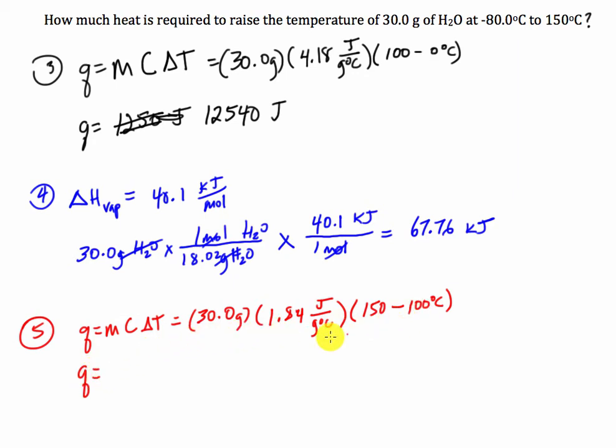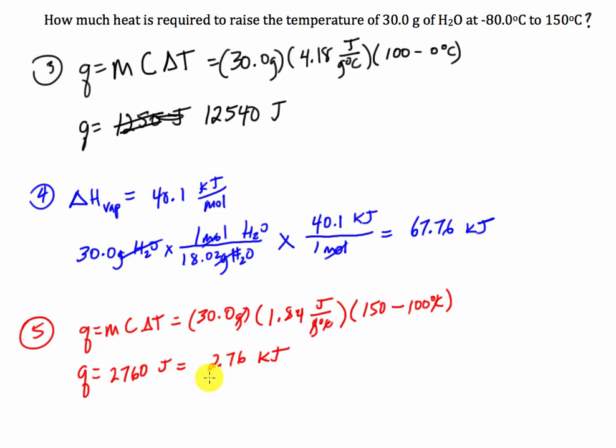Calculating all of this, watching your units, grams cancel, Celsius cancel, so this is going to be in joules, and I end up with 2,760 joules, and I can convert that to 2.76 kilojoules.